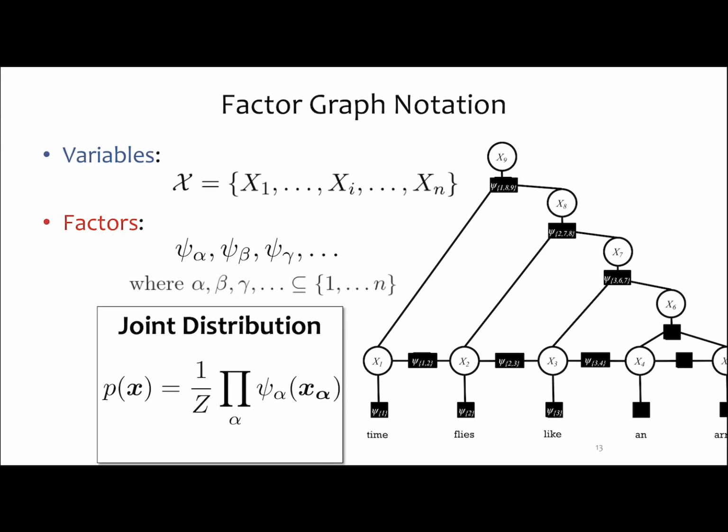A square represents a factor. Here, for example, I'm representing a factor tree that results from the conversion of some high order HMM for the problem of part-of-speech tagging. This is just an example. I'm using alpha, beta, gamma, and so on to represent a subset of these nodes. So if I have n random variables, alpha represents a subset of these elements.